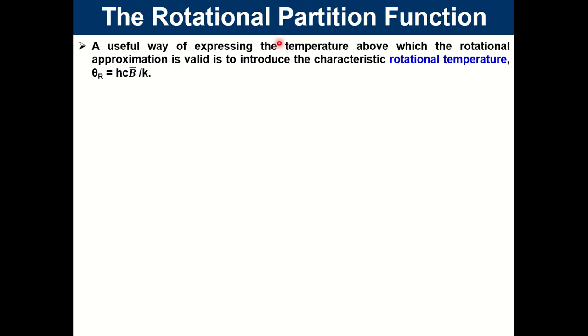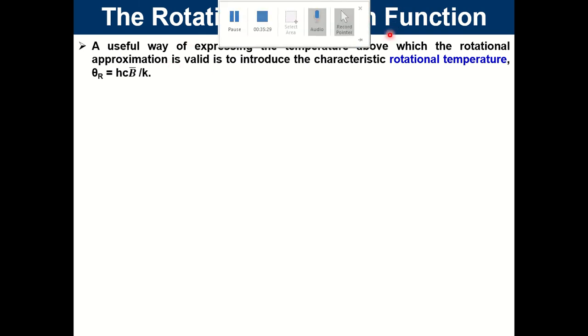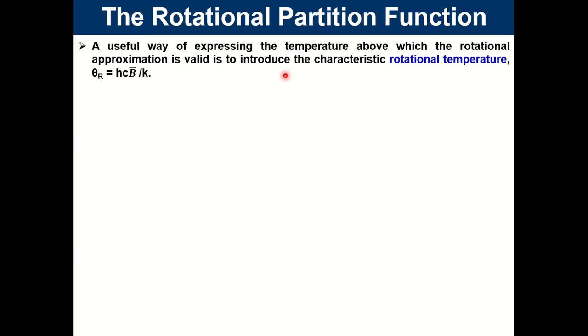A useful way of expressing the term is as the temperature above which the rotational approximation is valid. So we have clearly found that there is a temperature above which the expression that we have derived would be valid. Below that temperature it may not be valid.